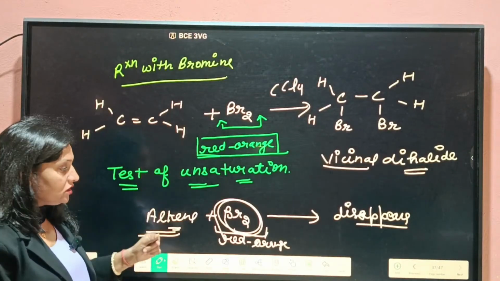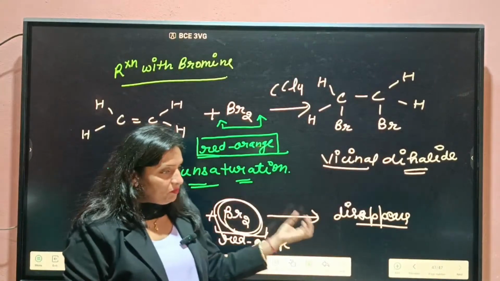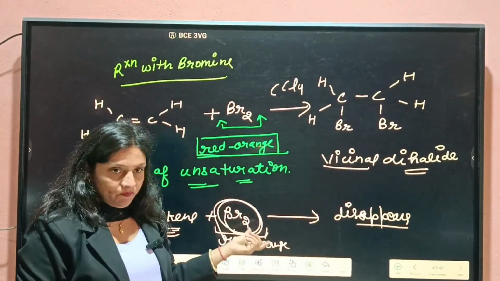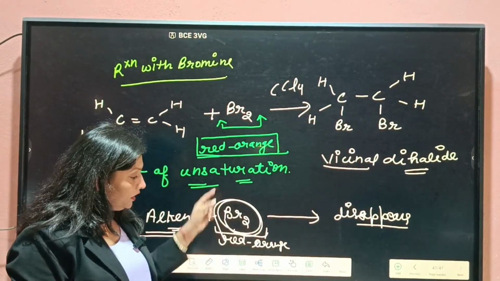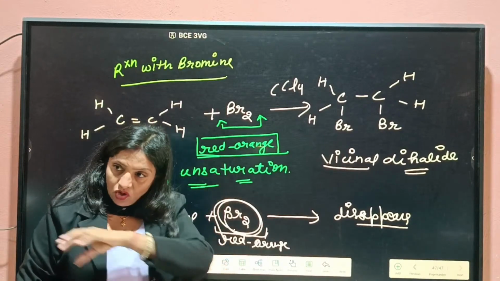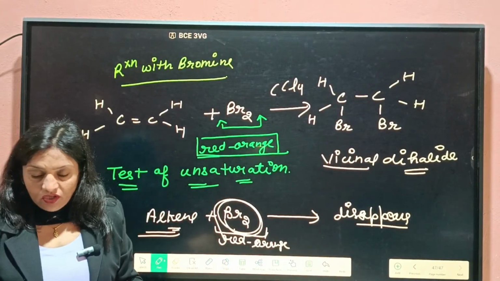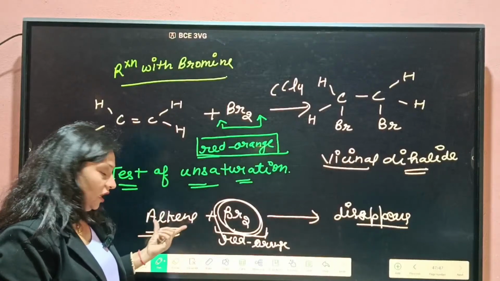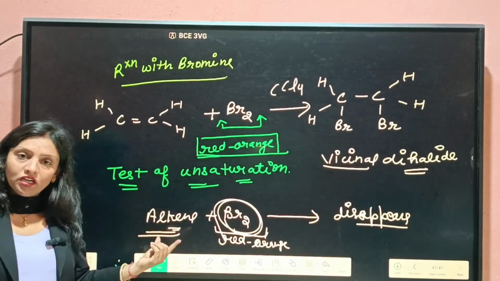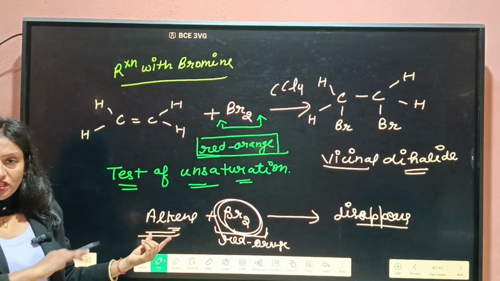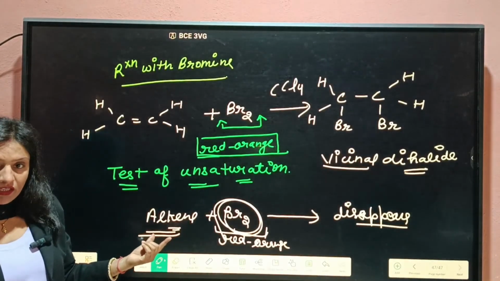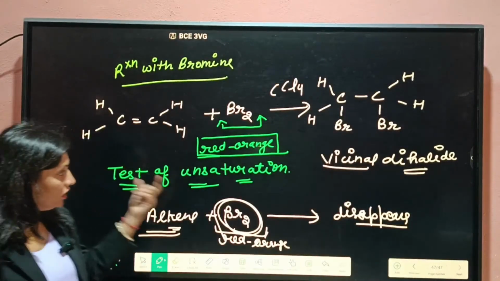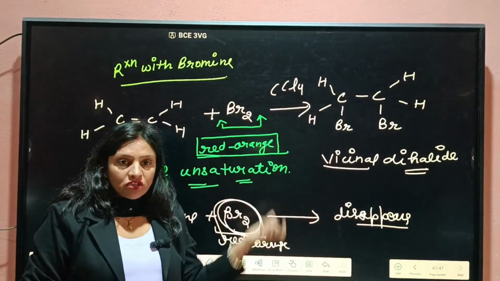And if we have any compound and we add bromine, but the bromine color stays intact and does not disappear, then we can say a saturated compound is there, unsaturation is not present. Clear or not? So this is also known as the test for unsaturation.